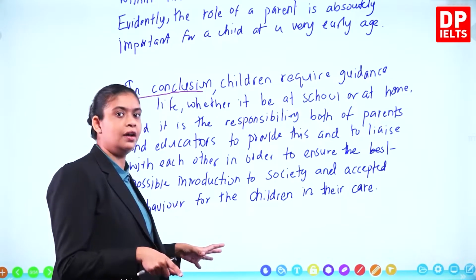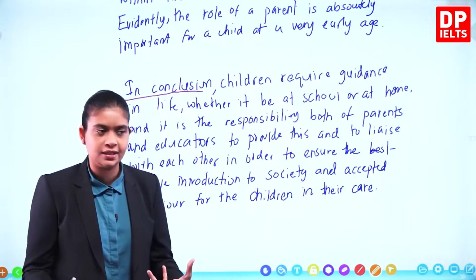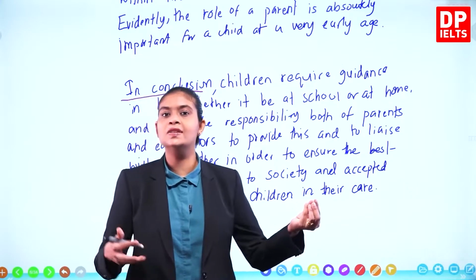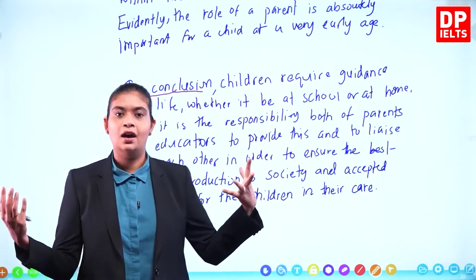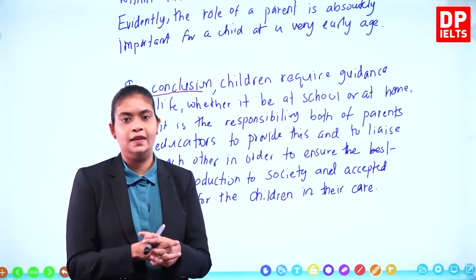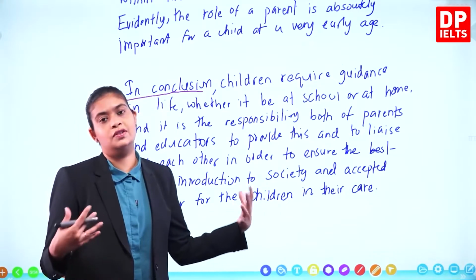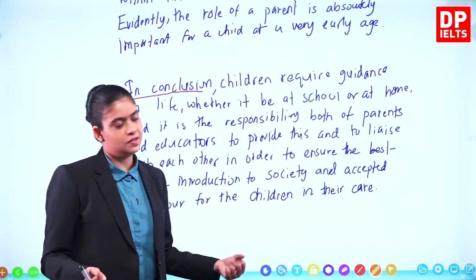So in order for them to be good citizens or good members of society, they are equally important. And parents as well as what? We call them educators are equally important and should merge together if they want to make sure that their children are good members of society.